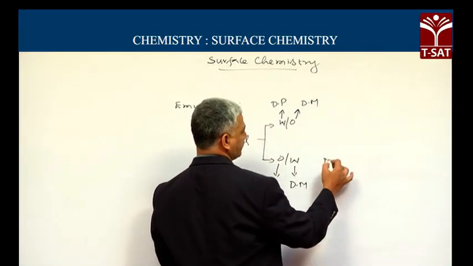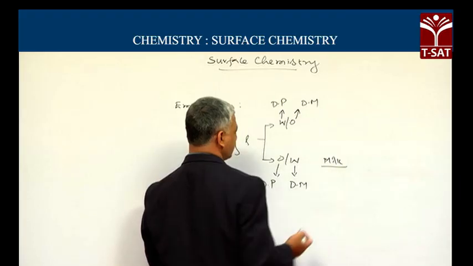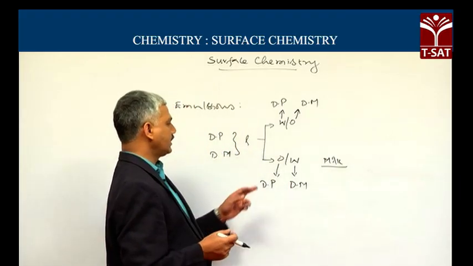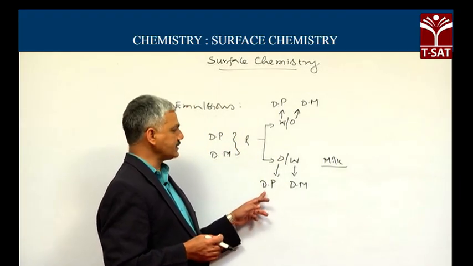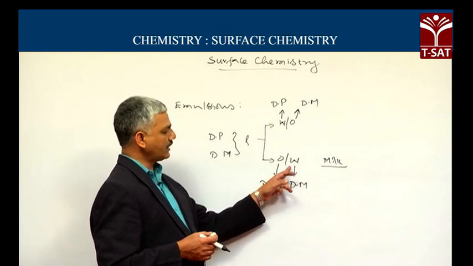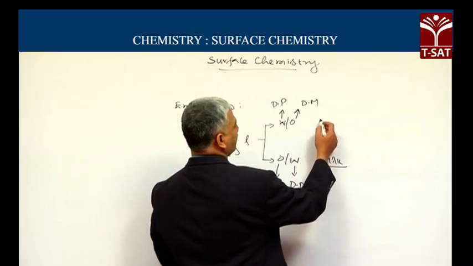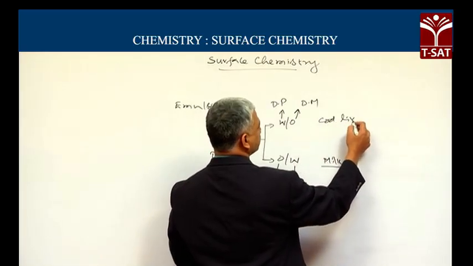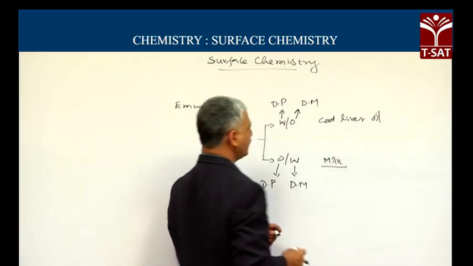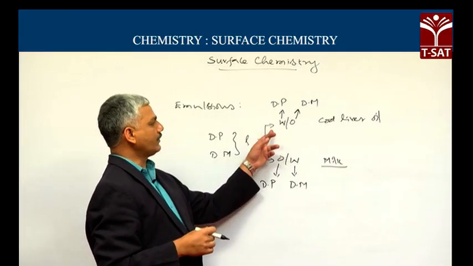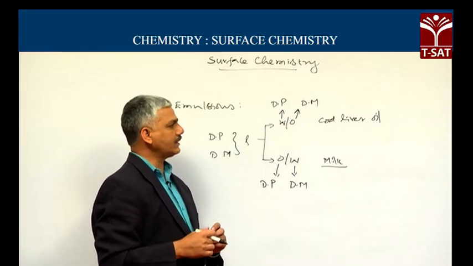Oil will be the dispersed phase and water will be the dispersion medium. Milk is an example of a colloidal solution or emulsion in which the oil content is the dispersed phase and the water content is the dispersion medium. Cod liver oil is an example of water in oil type of emulsion.